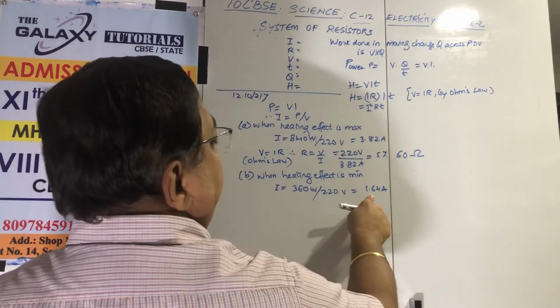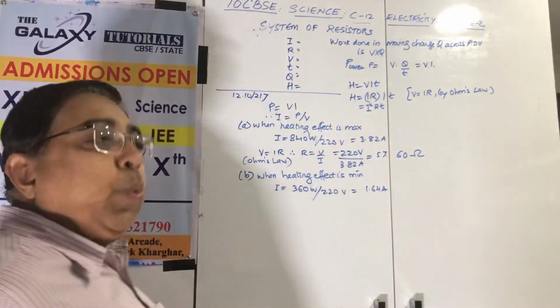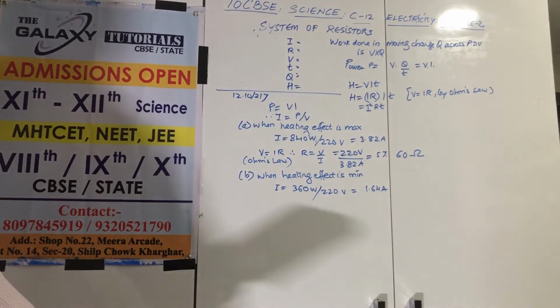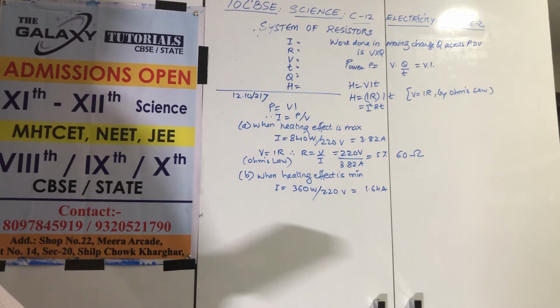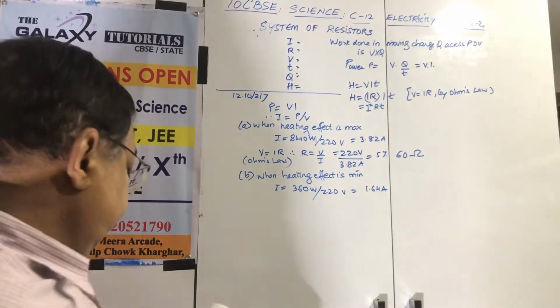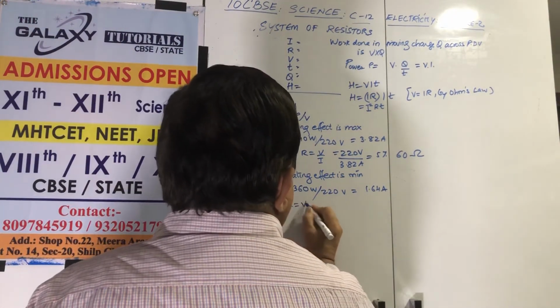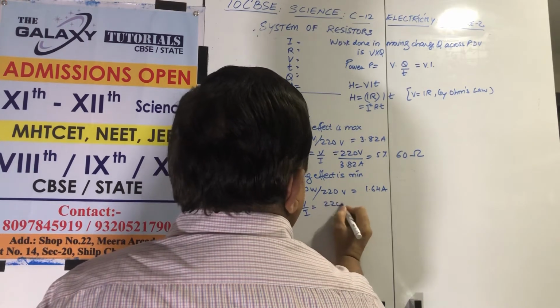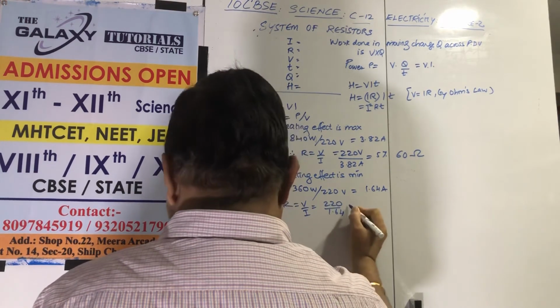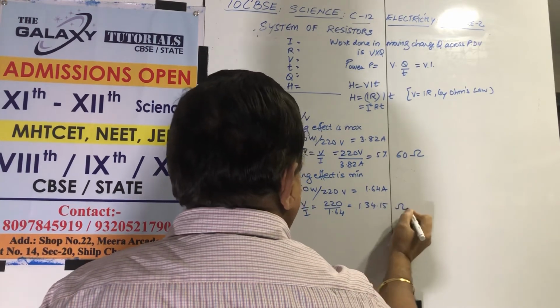Less current is used in minimum, more current is used in maximum. That's why we should not waste heat. We should let it warm gently instead of putting it on full. For an iron also, we should go on medium or low and not keep it on high. You see, more current is consumed. Then resistance of the circuit, R is V upon I, that is 220 upon 1.64, and this will give me 134.15 ohms when I calculate.